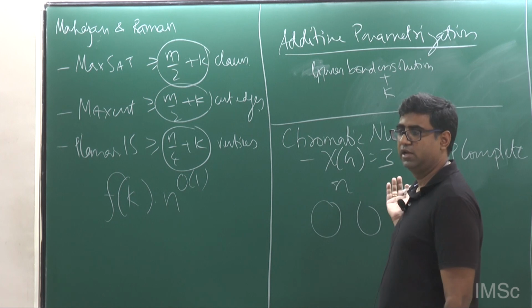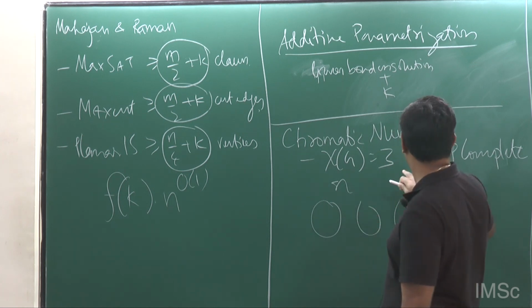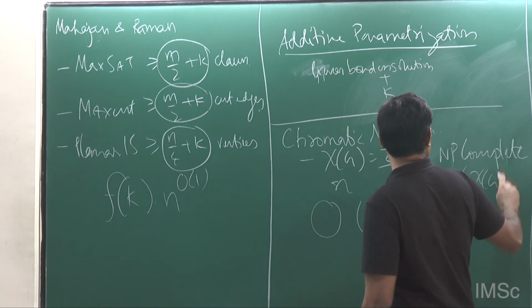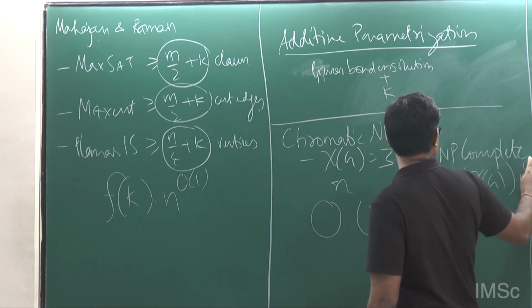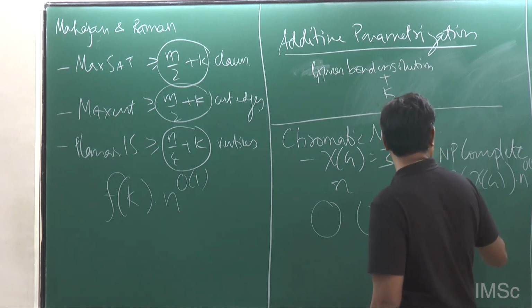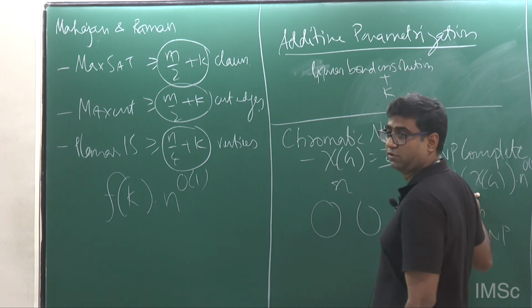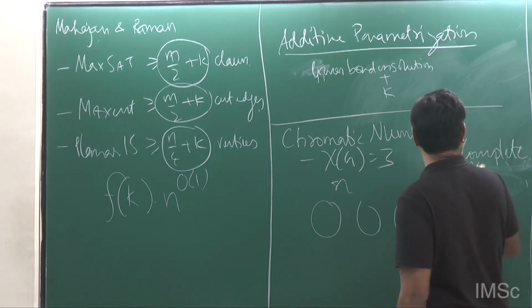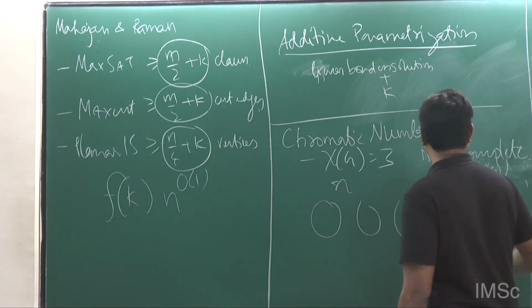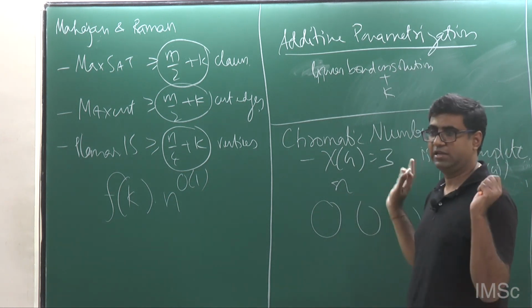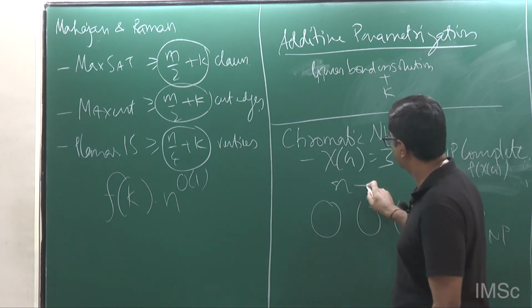And I cannot come up with an algorithm which is f of chi(G) times n to the power big O of 1; think why, because then unless P equals NP, you cannot have such an algorithm. In fact, you cannot even have an algorithm of the nature n to the power f of chi(G), right?